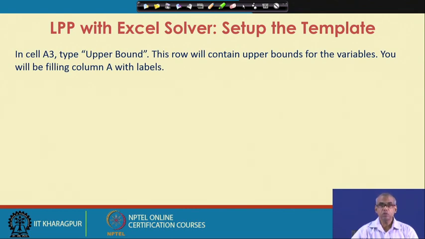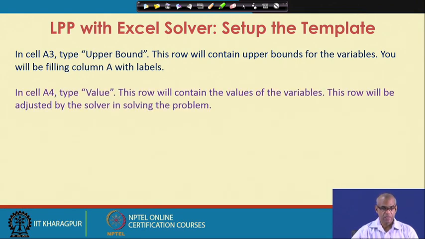Similarly, we will put lower bound, we will put values. So, these three labels we will use for variables in column A. So, in cell A3, we typed upper bound as the label for the upper bounds of the variables.